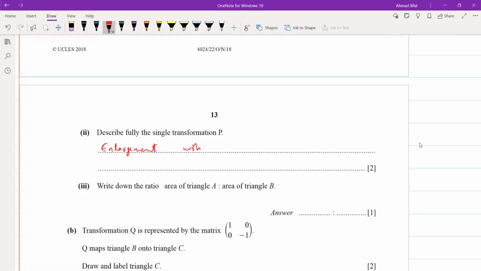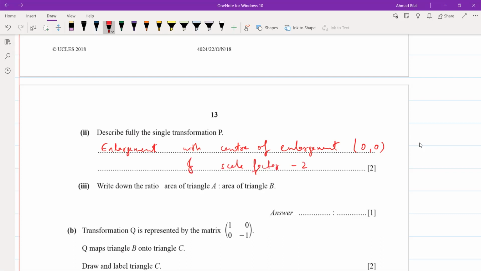So one is the center of enlargement. The center of enlargement is the origin. Matrices जितने भी हमारे पास हैं, हम वहाँ पे center of enlargement, center of rotation, वो दोनों चीजें जो हैं origin ले रहे होते हैं, right? So 0 0 आपका center of enlargement, and the scale factor is going to be -2. So that is what we have.